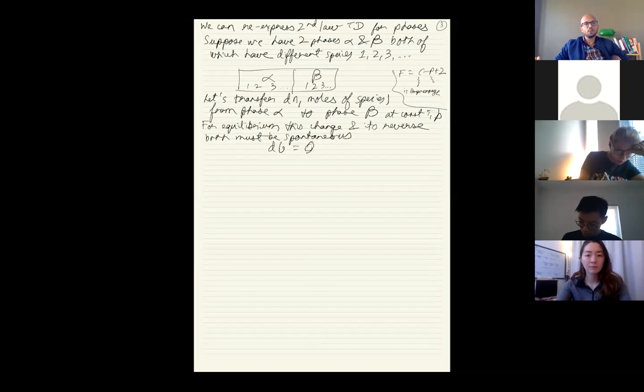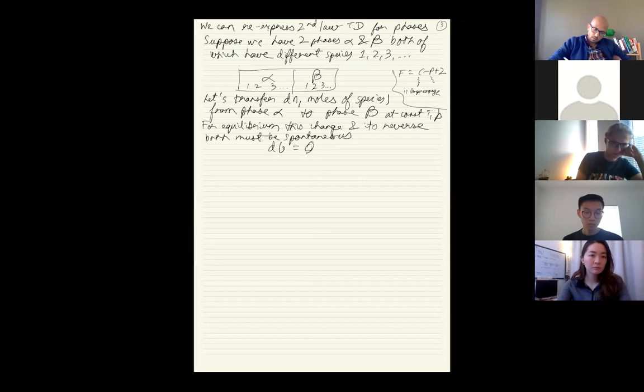You can't have dG positive or negative. It just must be 0, so that both type of changes, transferring dn1 from alpha to beta or transferring dn1 from beta to alpha, would have the same free energy. So we can write this down as the free energy change of alpha plus the free energy change of beta is equal to 0.